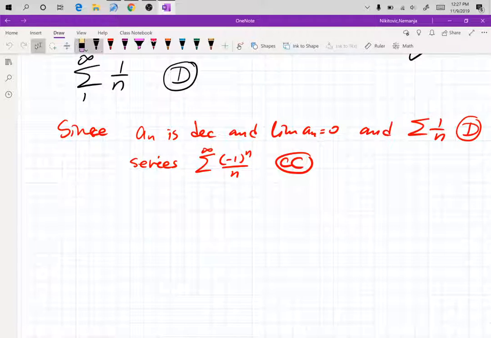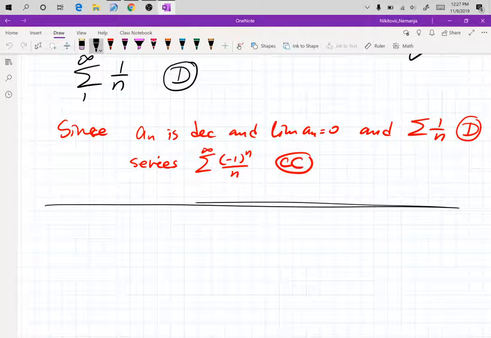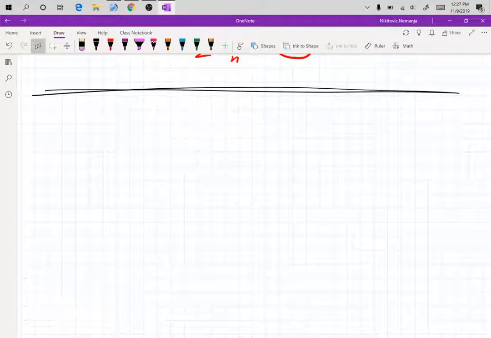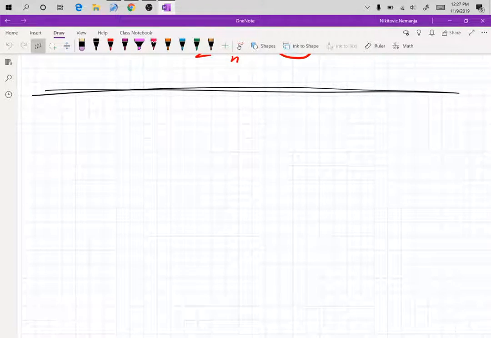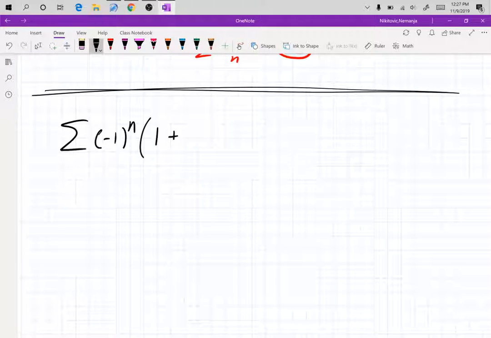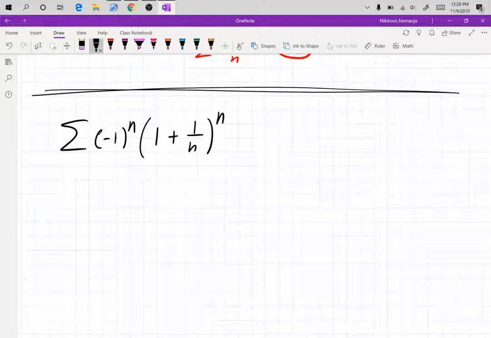And then that would be it for this one, and we are left with 2 tests after that. So let's take a look at the summation of (-1)^n times (1 plus 1 over n)^n from 1 to infinity.